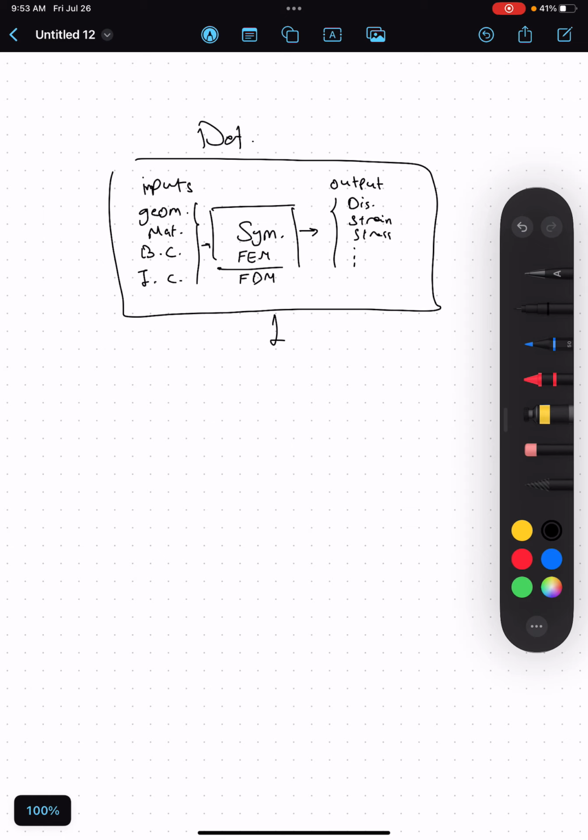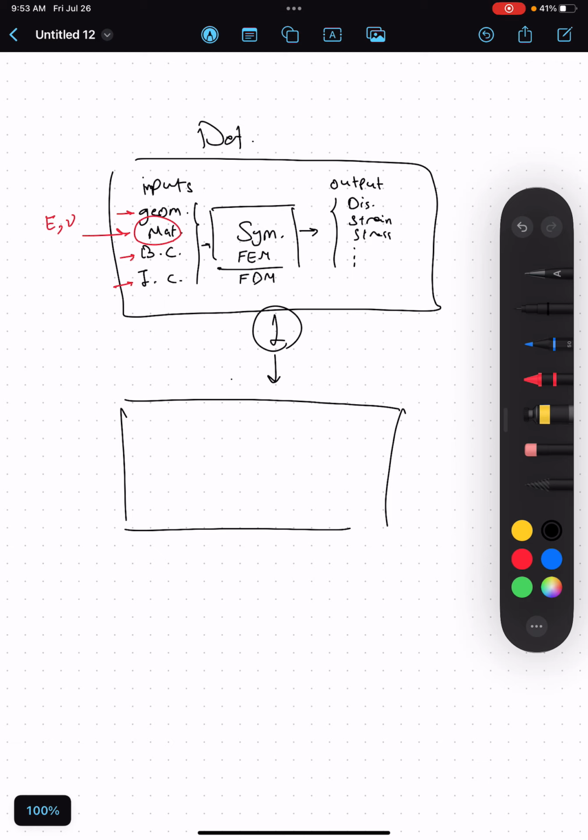In non-deterministic simulation, for instance, we don't know the exact material properties. We don't know exactly the Young's modulus or the Poisson ratio, or we don't know exactly the geometry or boundary conditions or initial conditions. So what we do here is solve our simulation, instead of one time, 1,000 times.